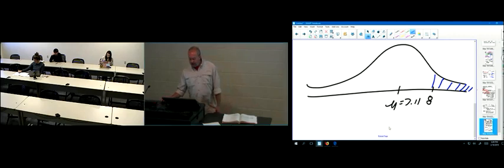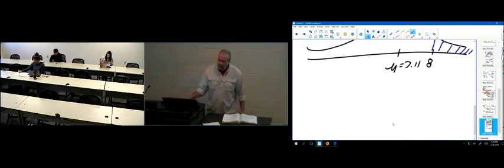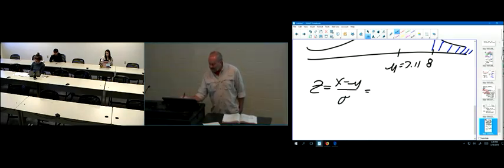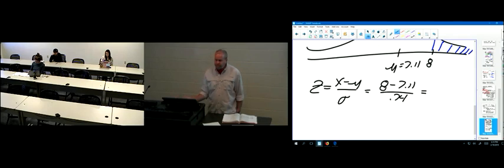This one will not turn out as clean as the last one. To find that area in blue, to find that proportion, that probability, I need this z-score. We need to standardize 8 by subtracting off our mean and dividing by my standard deviation.